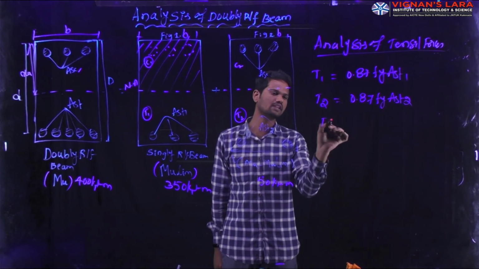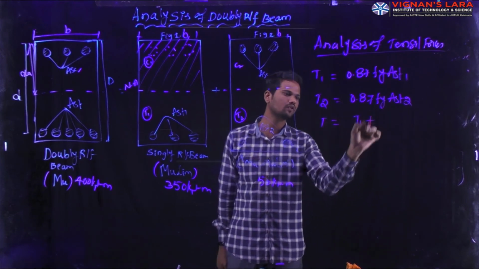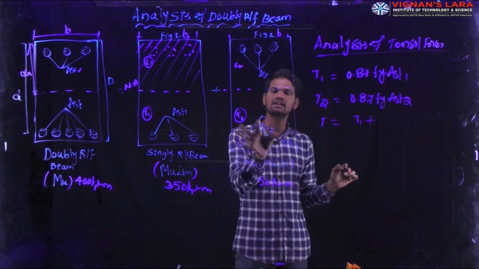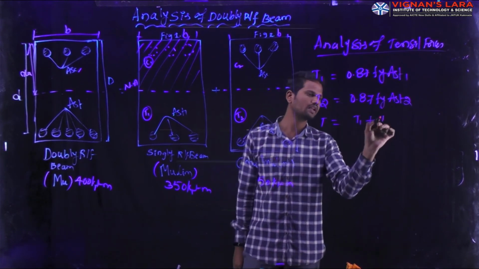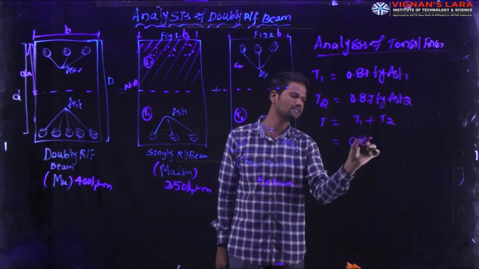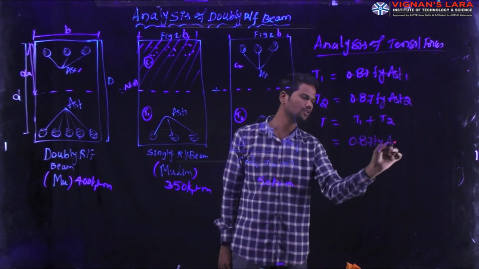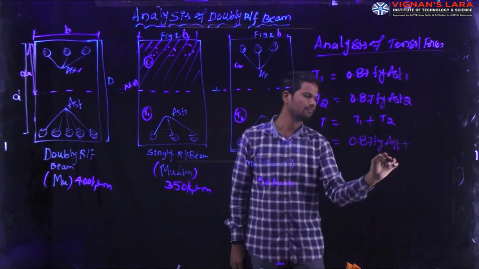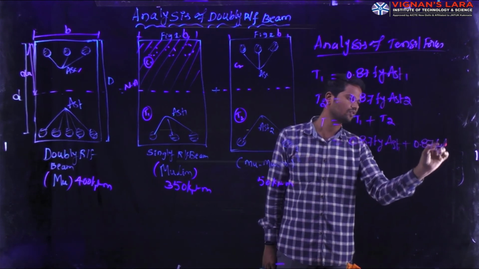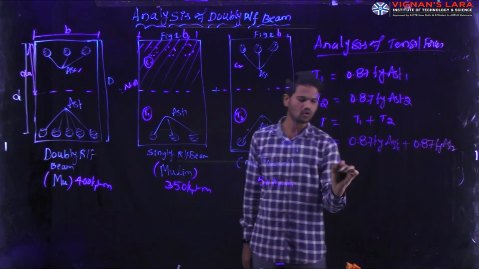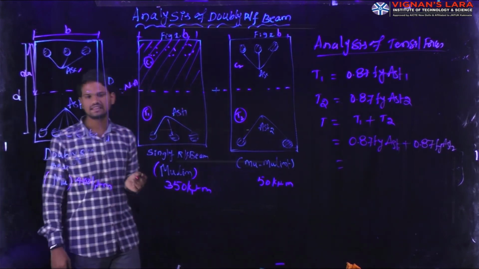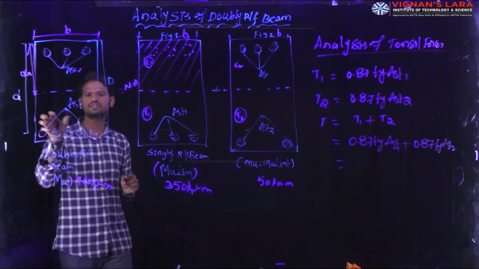That means the total tensile force T equals the tensile force in the singly reinforced balanced section plus the tensile force for the additional beam section, T1 plus T2. Where T1 is 0.87 Fy Ast1 plus T2 is 0.87 Fy Ast2. While solving the problem, they will directly give the area of the steel reinforcement for the beam.